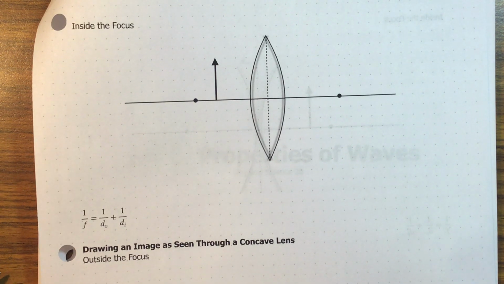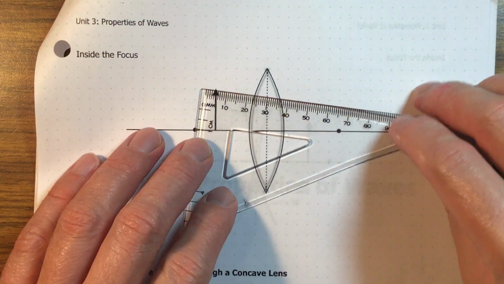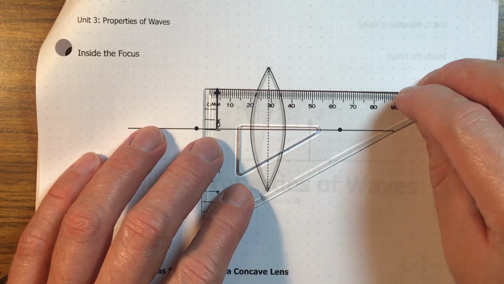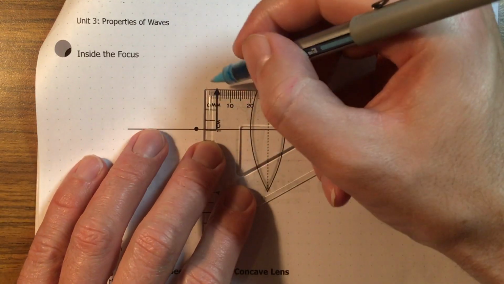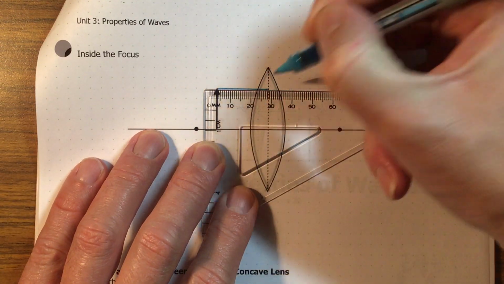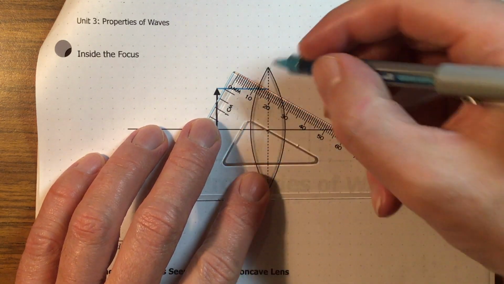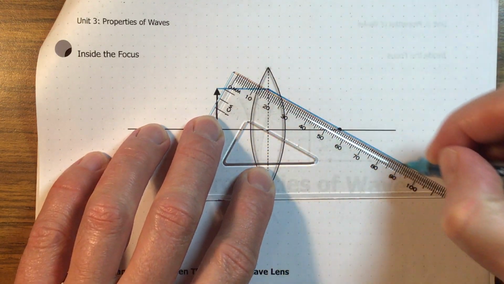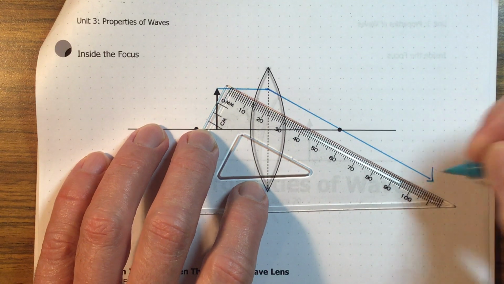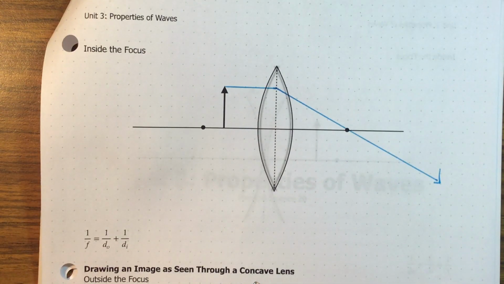What happens here? We get this object inside the focus. Well, let's follow the rules first. All right, so first one, parallel, through the focus. That's ray 1.